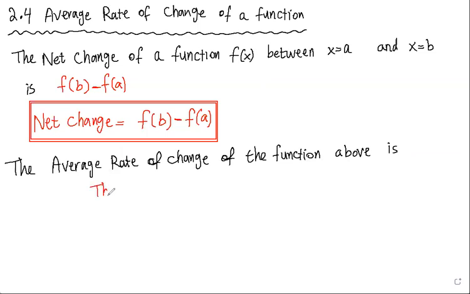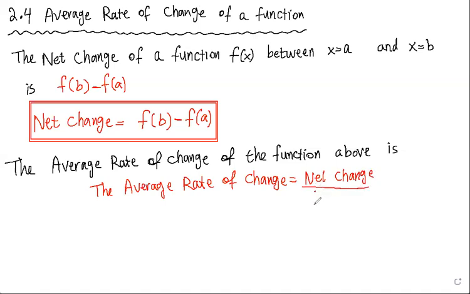the average rate of change equal the net change over b minus a, or in other words, equal f of b minus f of a over b minus a.